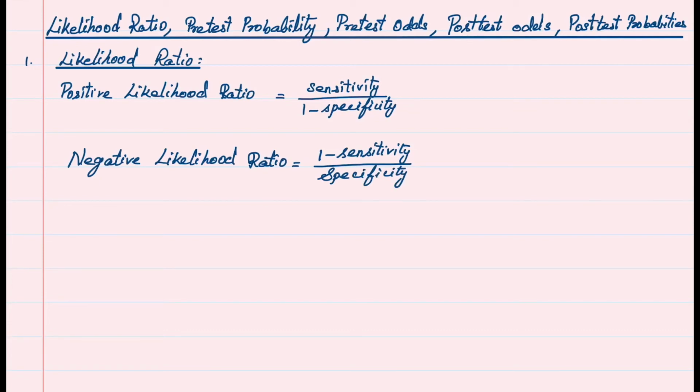So, sensitivity will be in the numerator, specificity will be in the denominator. We have 1 minus in the denominator for positive likelihood ratio and 1 minus in the numerator of negative likelihood ratio.